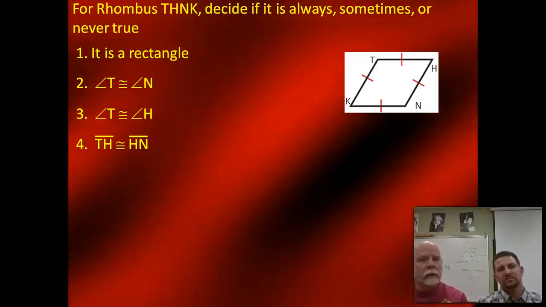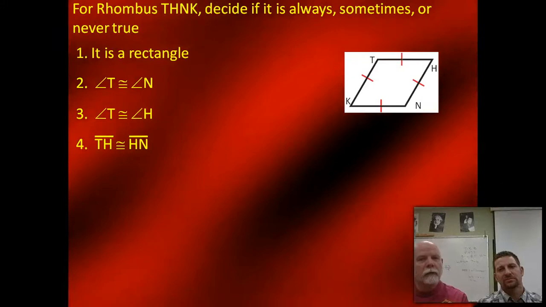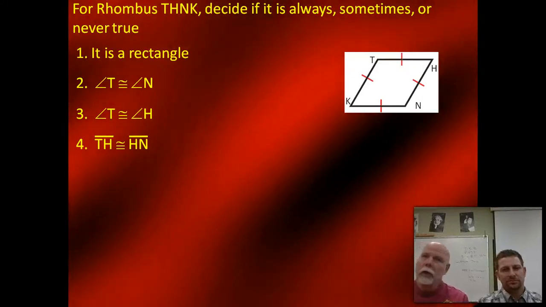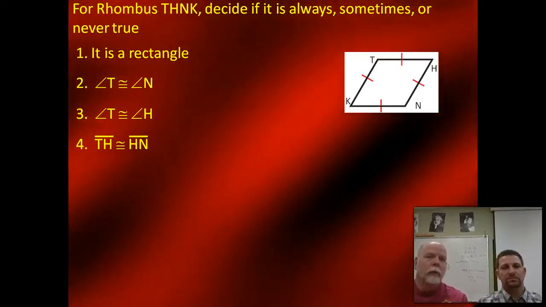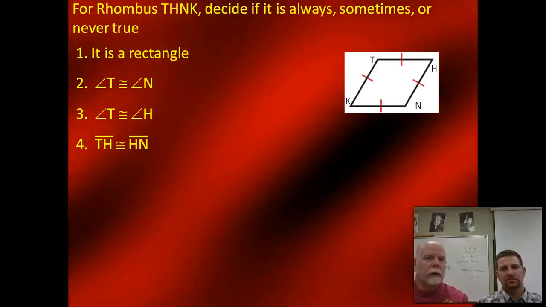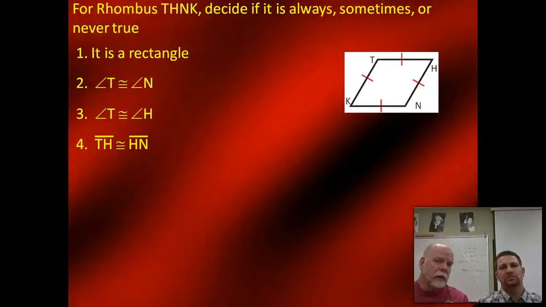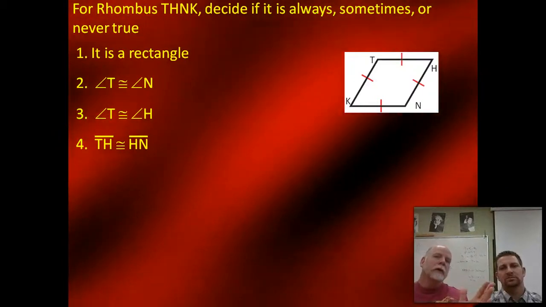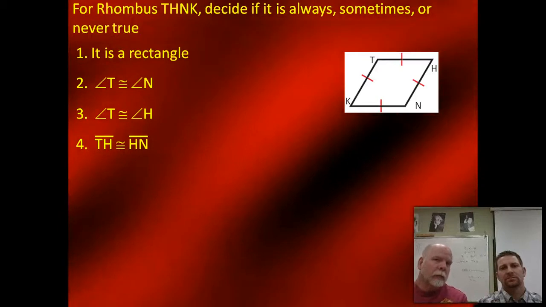So is it a rectangle? Well, the definition of a rectangle was that it had four congruent angles. So no. But a rhombus could potentially be a square, and a square is also a rectangle. So if we squished this rectangle sideways a little bit and squared it up, then it could possibly be a rectangle.